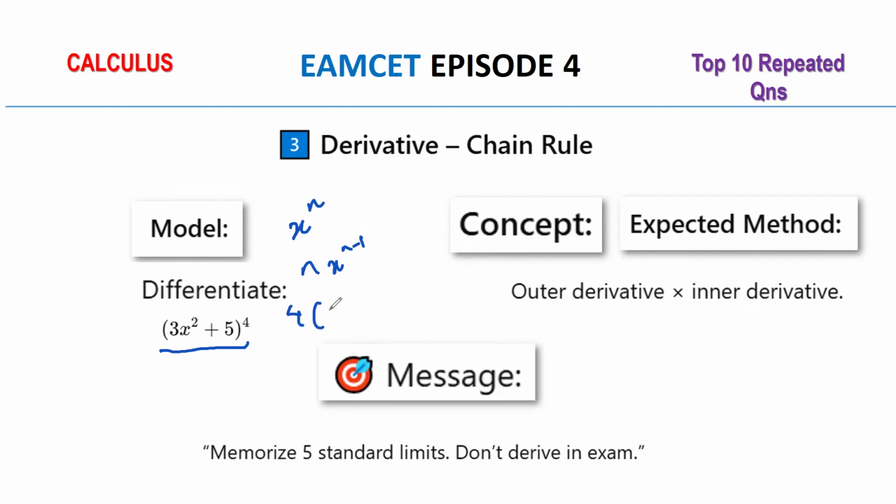That is what we commit wrongly. But no, the inner expression's derivative is also required, that is 6x. So there is outer derivative and inner derivative.